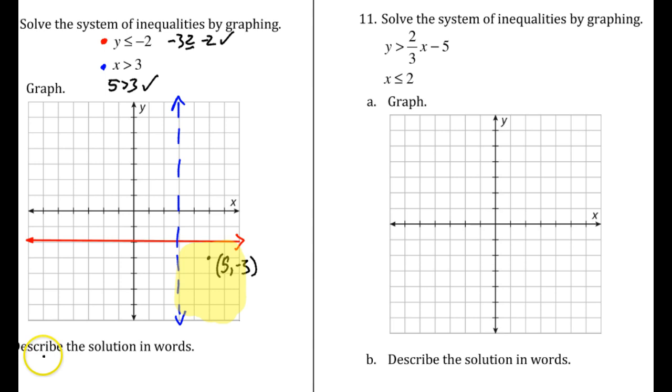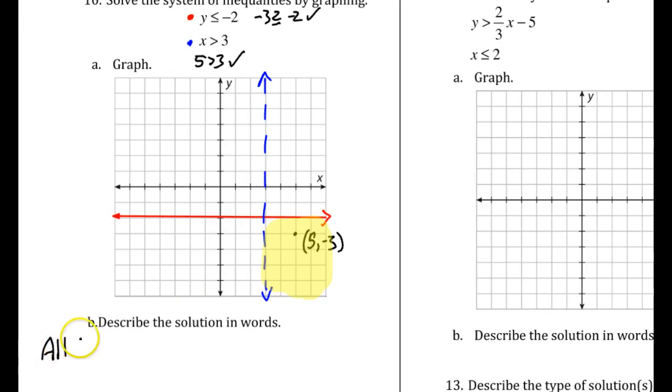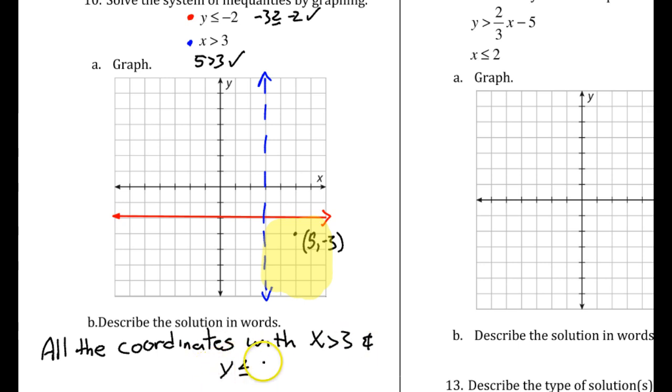A good way to start it would be, this is all the coordinates, and you say something like, with x's greater than 3, and y is less than or equal to negative 2.